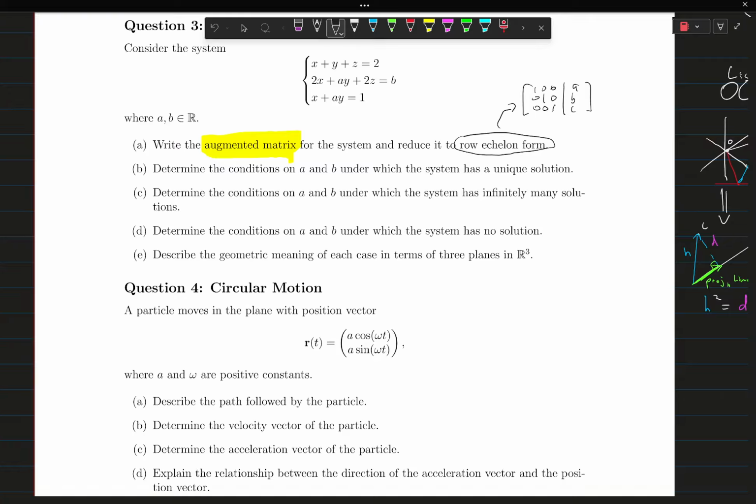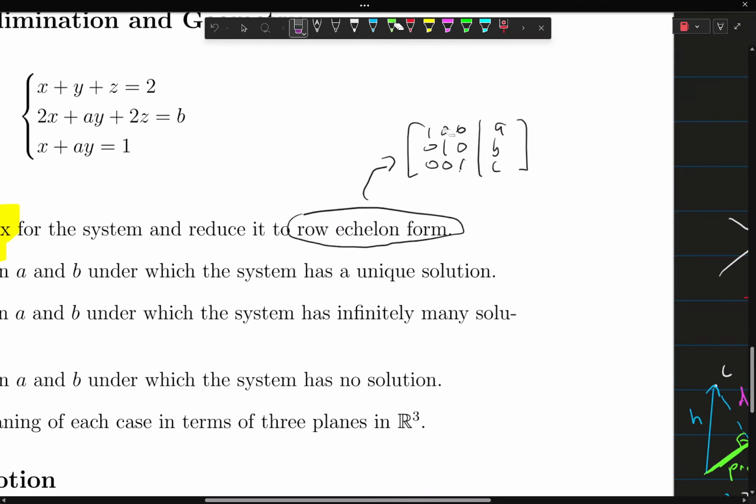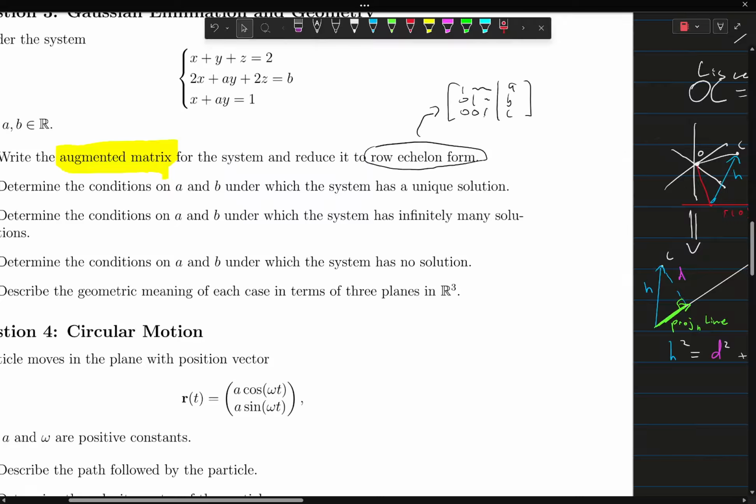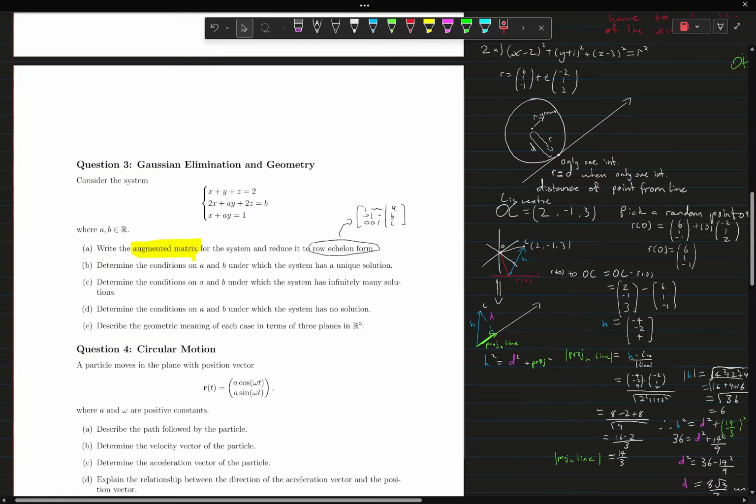Yeah. Only bottom left zeros. Yep. Okay. So it's just asking us to basically solve for it.